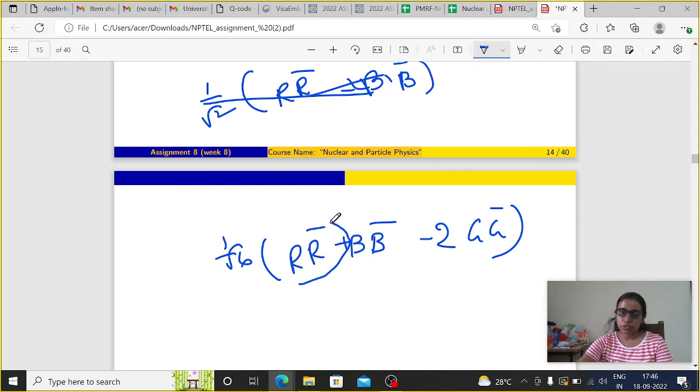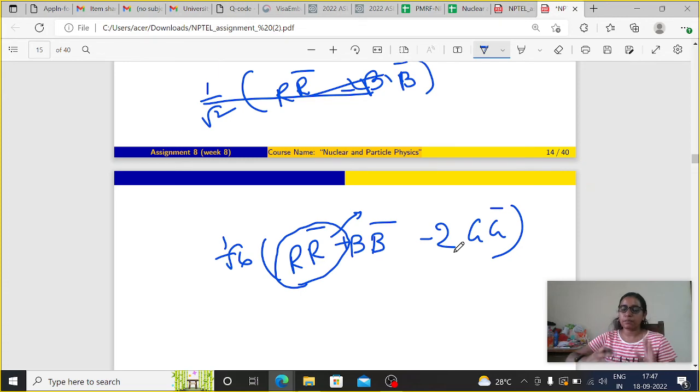Because each and every term, R bar, B bar, G bar, would give you a colorless particle. But as a whole, if I interchange R to B, B to R or B to G, G to B, then it will give us an anti-symmetric configuration, which is not a colorless particle.